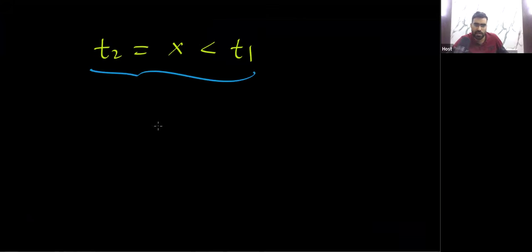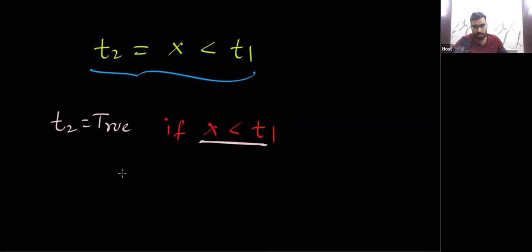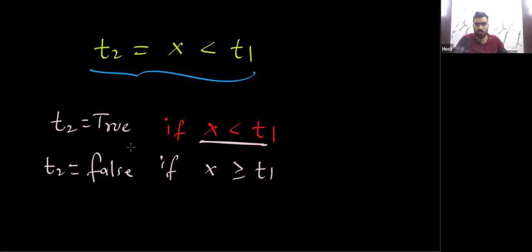If x is actually less than T1, then this will be true, and in this situation T2 will be true. Else, if x is greater than or equal to T1, then T2 will be false. Right? Very simple. Is this clear?